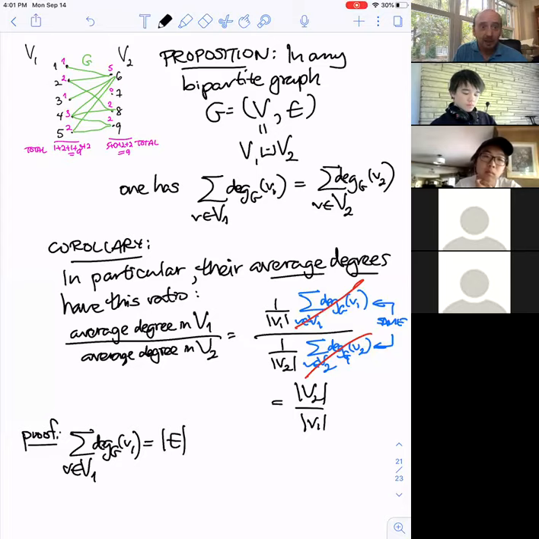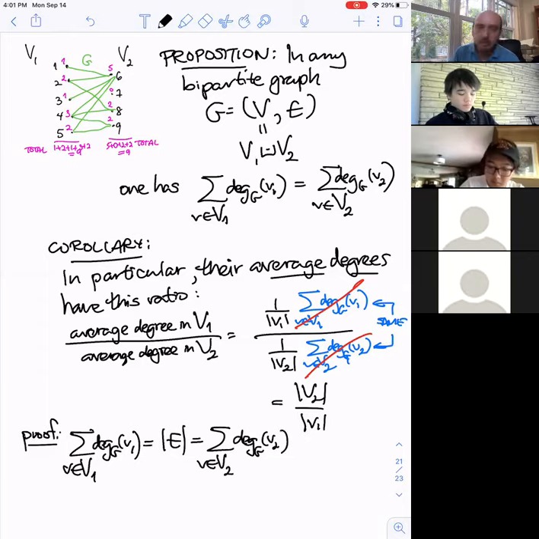And by the same token, every edge in the middle, right? You pick one of these edges in the middle, like this one, it's got a half edge on the V1 side. It's also got a unique half edge on the V2 side. It's also true that this is equal to this. Okay. That's it.